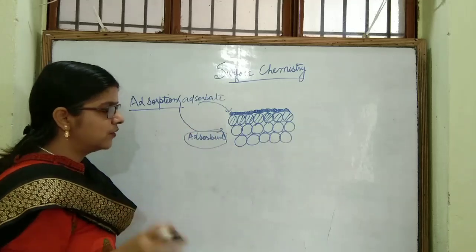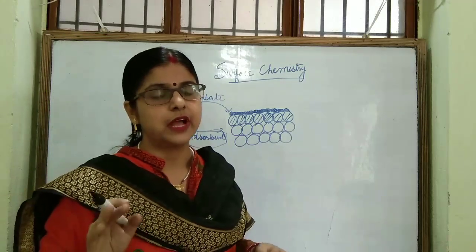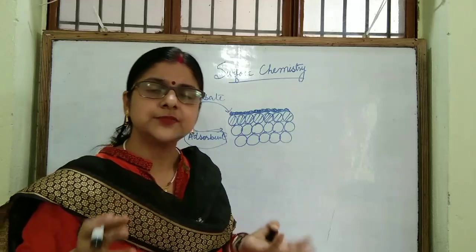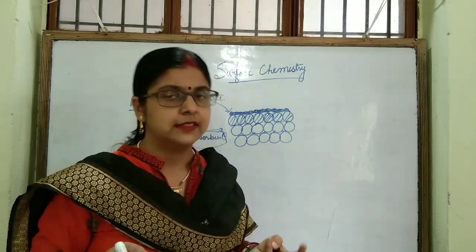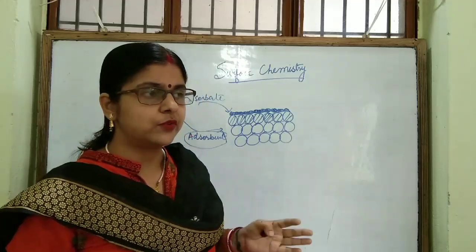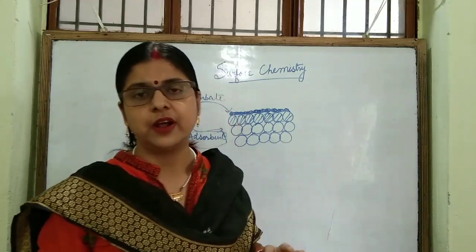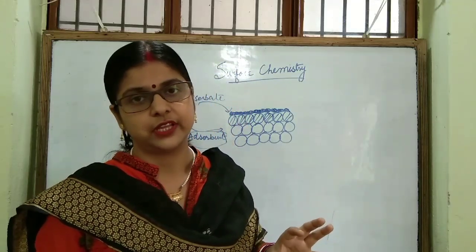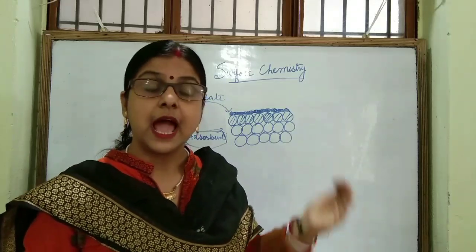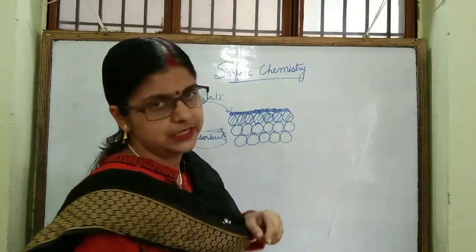So I hope all of you have understood what surface chemistry is: the branch of chemistry which deals with the nature of the surface and the species present on the surface. And I told you that to understand surface chemistry, at first we will have to understand adsorption. It is different from absorption. Adsorption is the concentration of any species on the surface of another species.